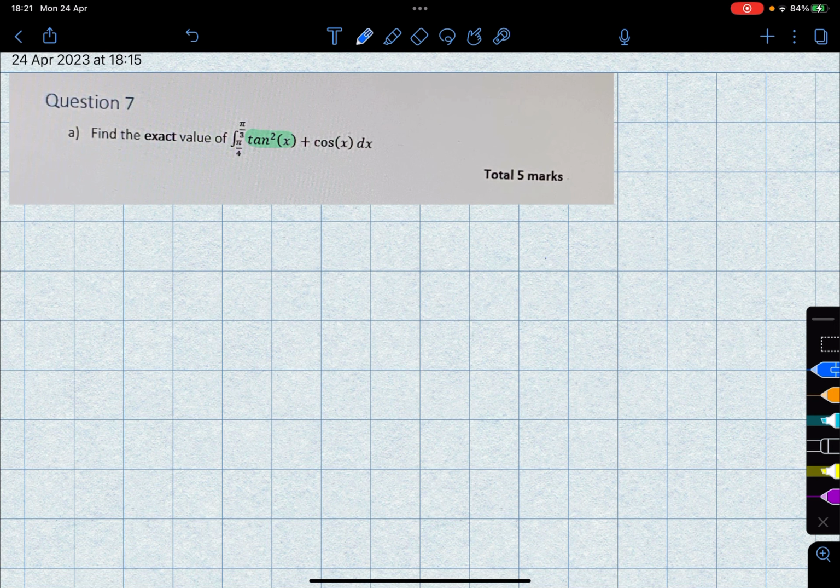Now, remember the identity sine squared x plus cosine squared x equals 1.